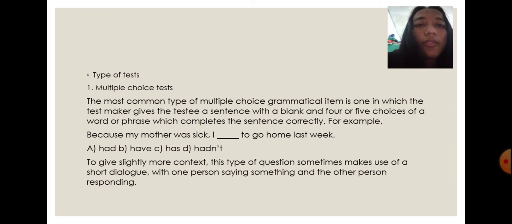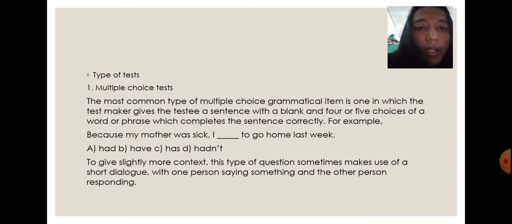Type of test. Number one, multiple choice test. The most common type of multiple choice grammatical item is one in which the test maker gives the testee a sentence with a blank and 4 or 5 choices of the word or phrase which completes the sentence correctly.